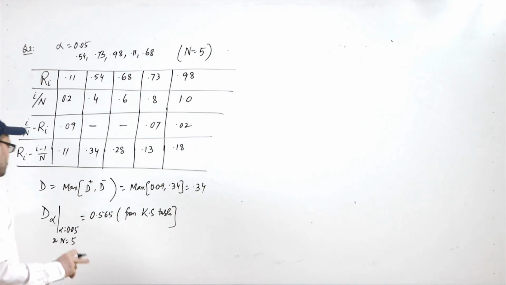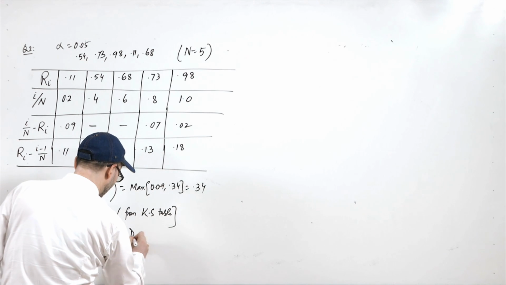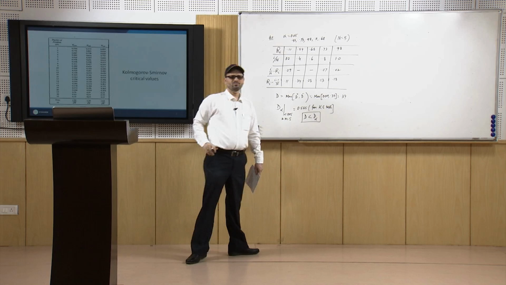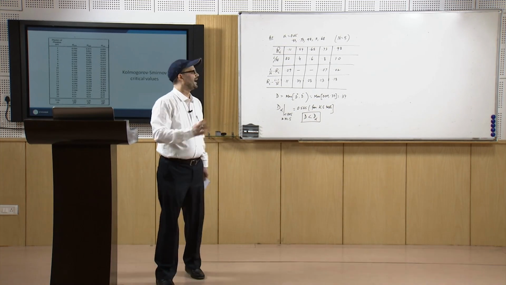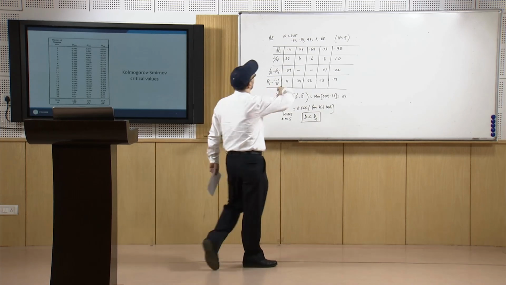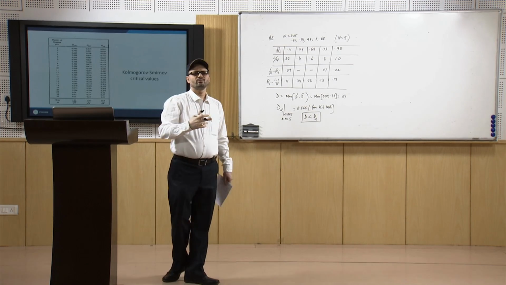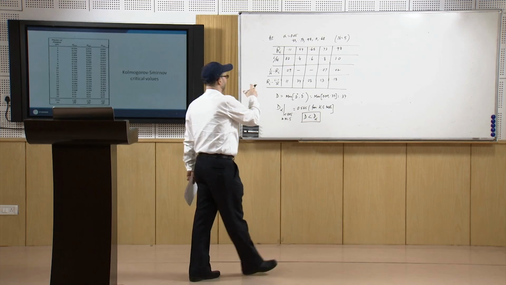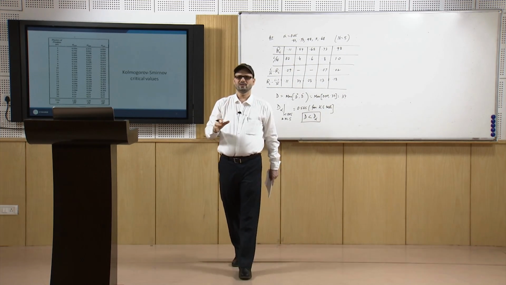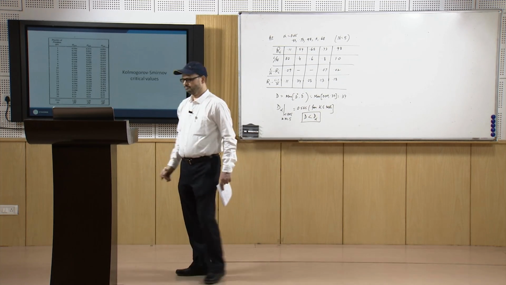Now, since D is less than D alpha, the hypothesis is not rejected. We can say that the values pass the uniformity test as per the Kolmogorov-Smirnov conditions. These samples are from a uniform distribution.